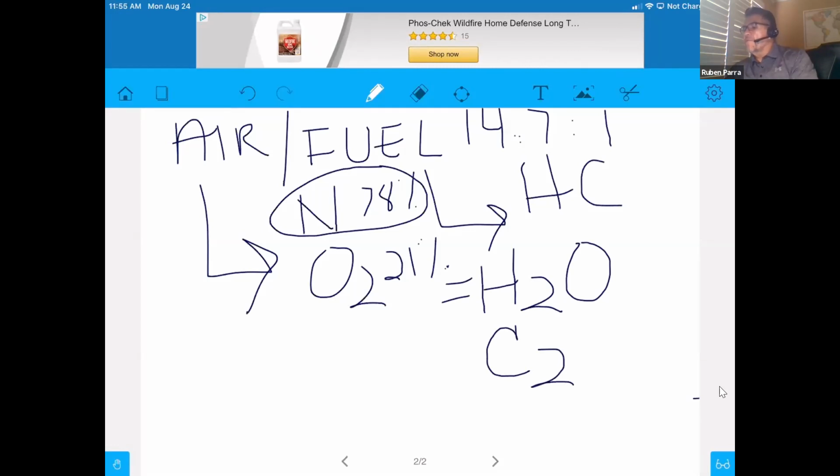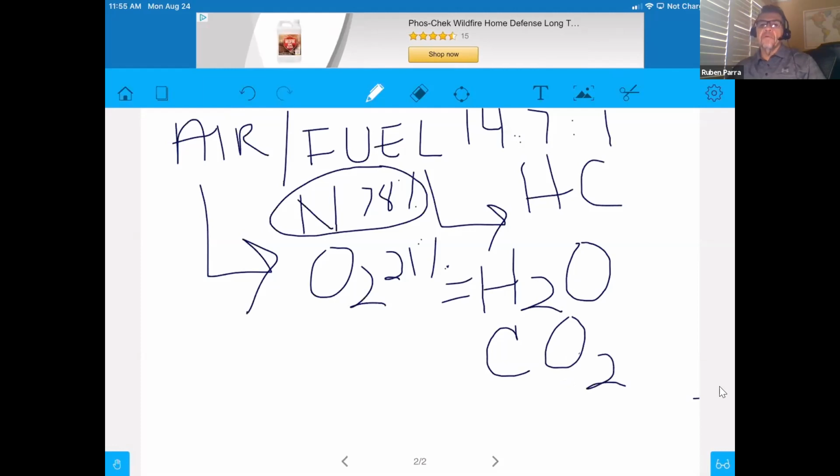We have 14.7 to 1. So we have the carbon, and then we get some more oxygen, and, whoops, I'm sorry. It doubles up the oxygen, and now we have carbon dioxide. So we have water and carbon dioxide.